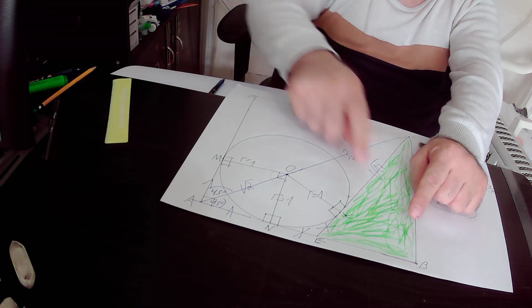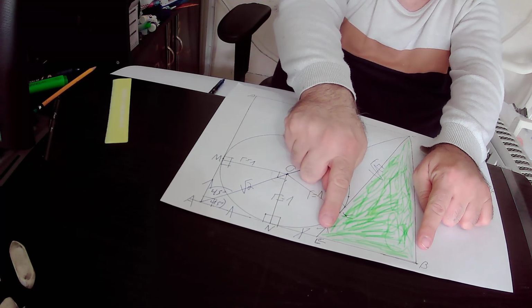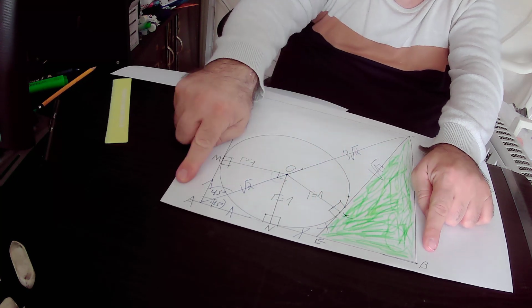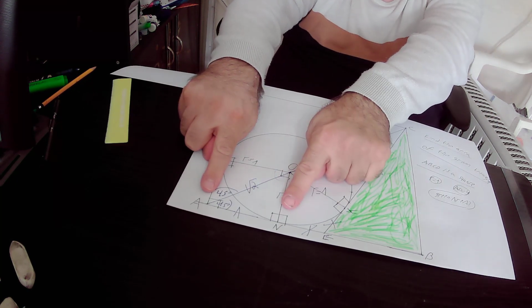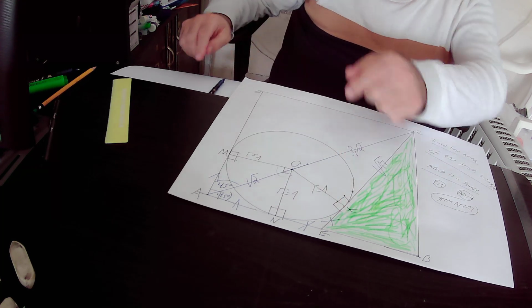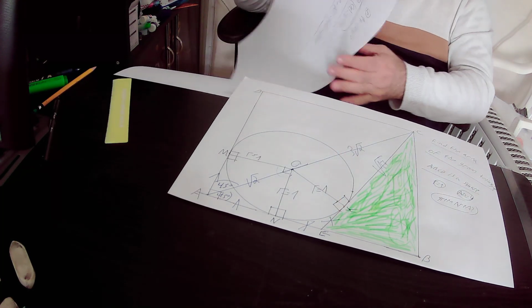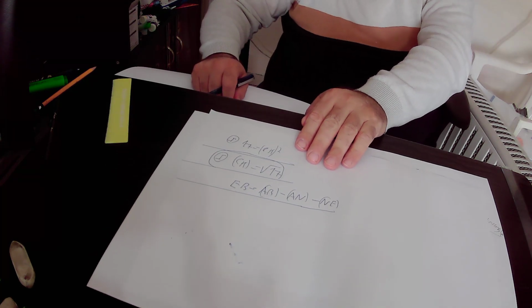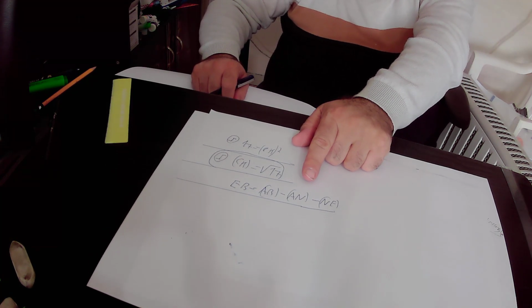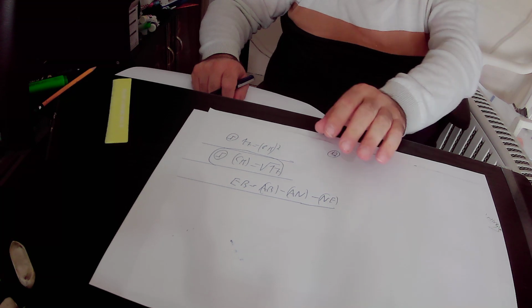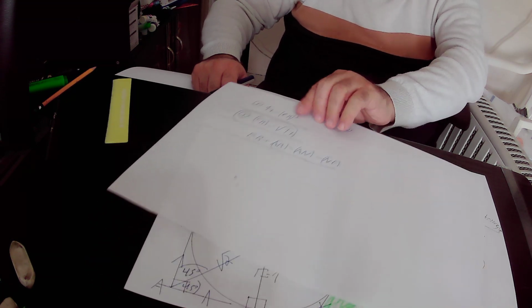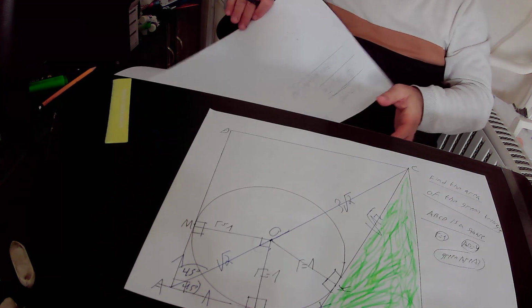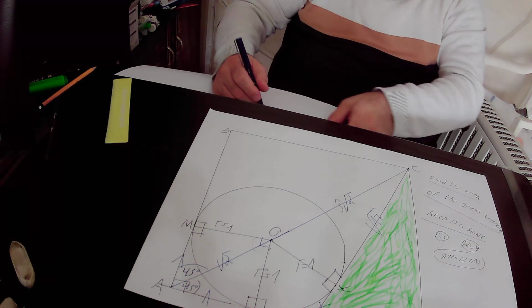I'll repeat again: EB equals AB minus AN minus NE.